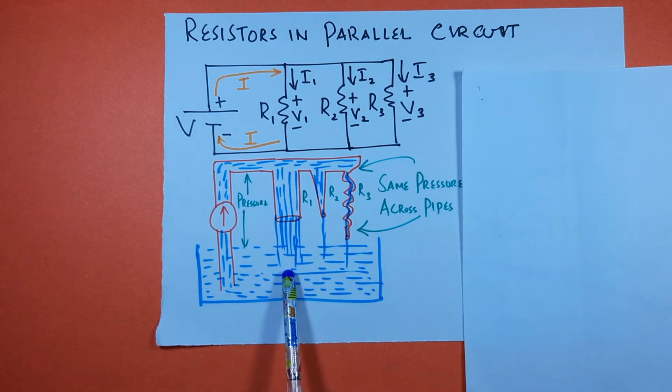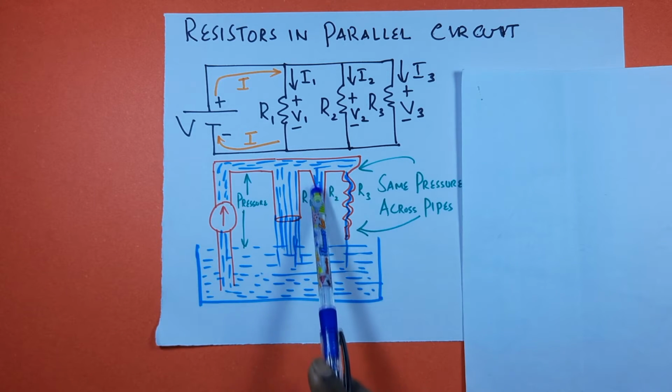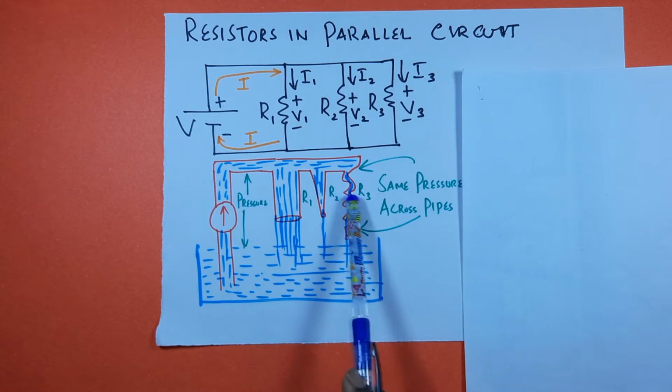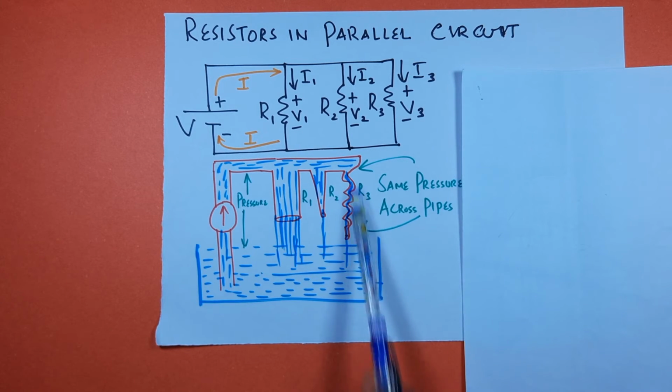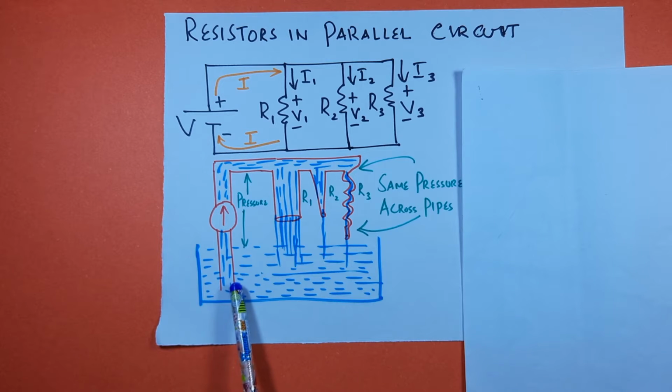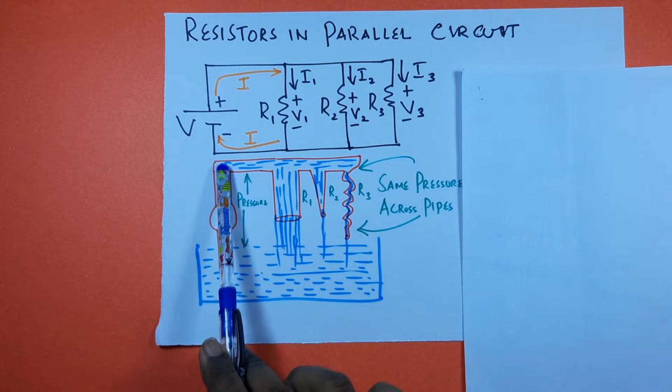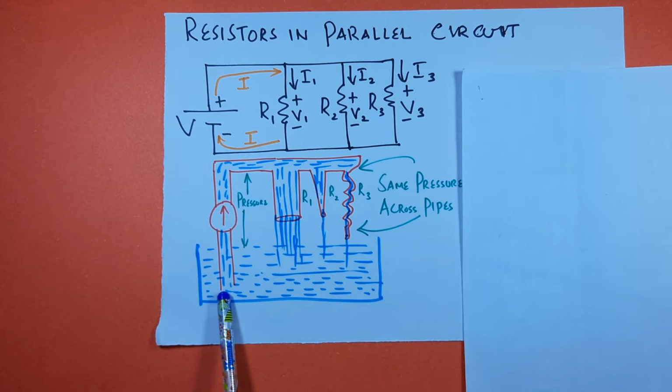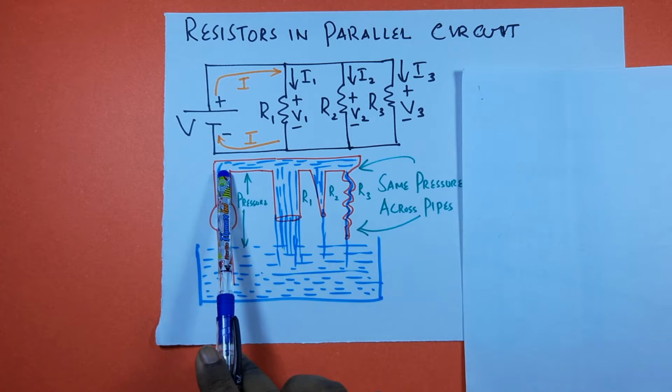This is a very big pipe, this is a somewhat medium pipe, and R3 is a narrow pipe. We have three pipes, R1, R2, R3. Because of the pressure difference, this pump sucks water from the tank.